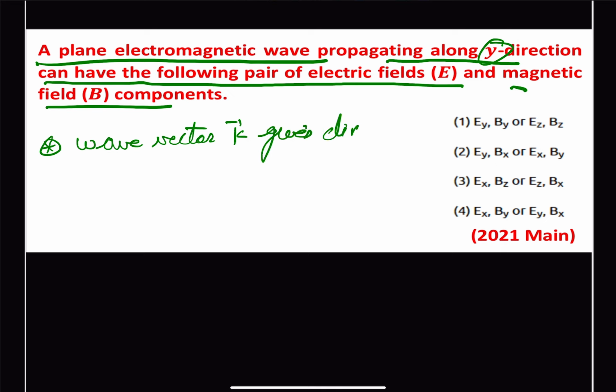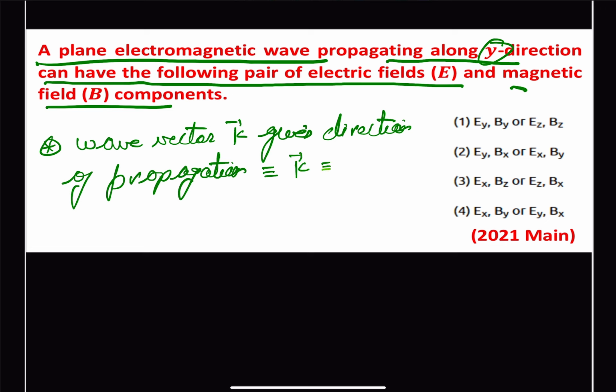and this k is our y unit vector, and our electric field will be perpendicular to this k unit vector, and the magnetic field will be perpendicular to both.